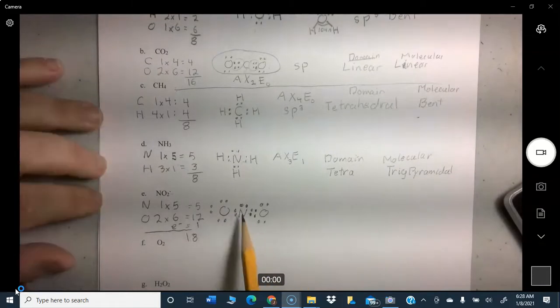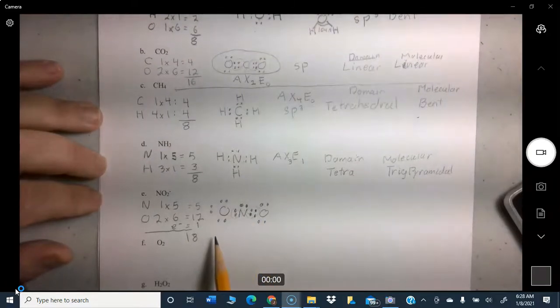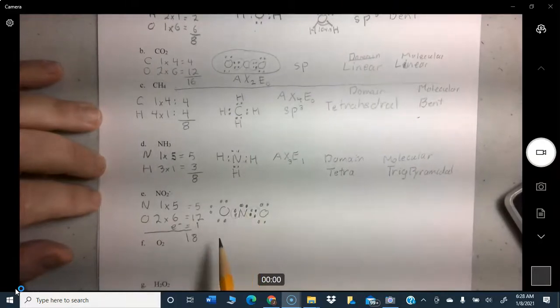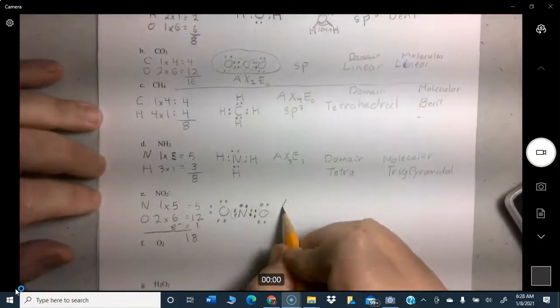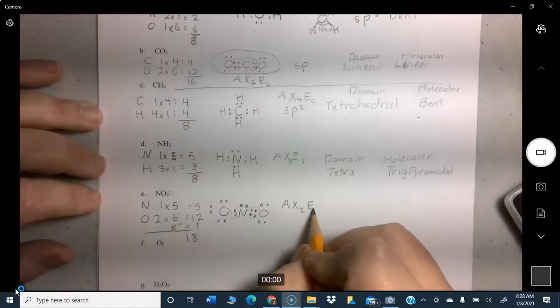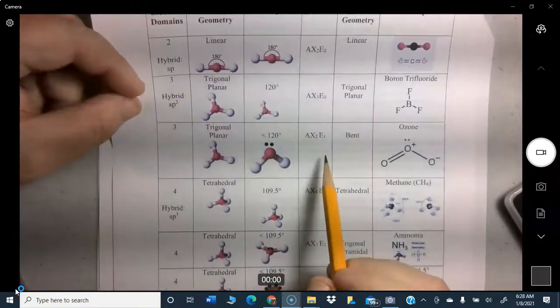Okay, so how many bonding domains does nitrogen have? It has 1, 2. And then how many electron domains? It has 1, 2, and then the lone pair also is 3. So this is going to be, so we come on over here and we find that right there.